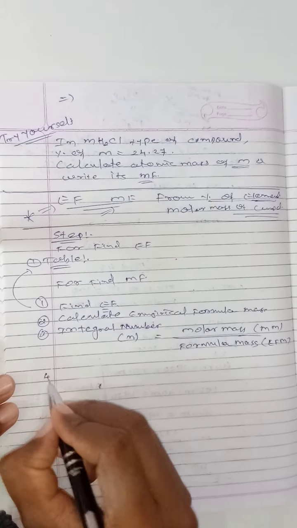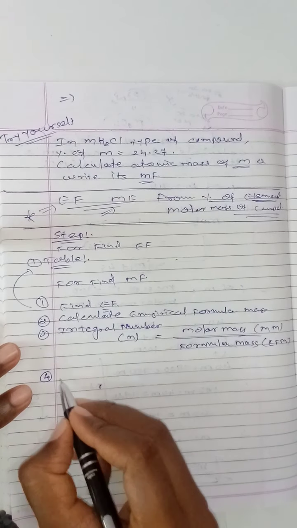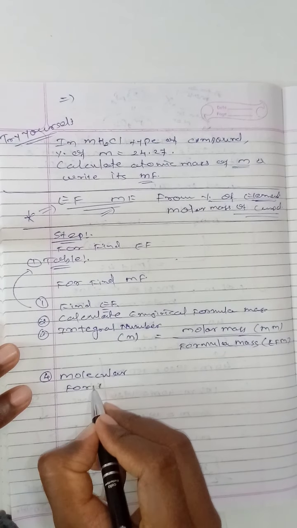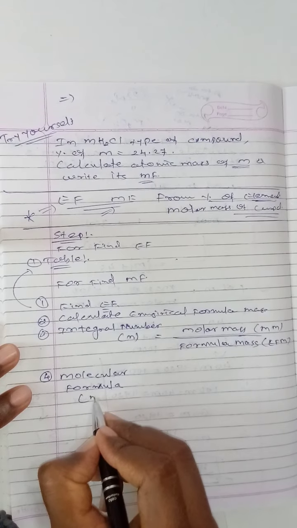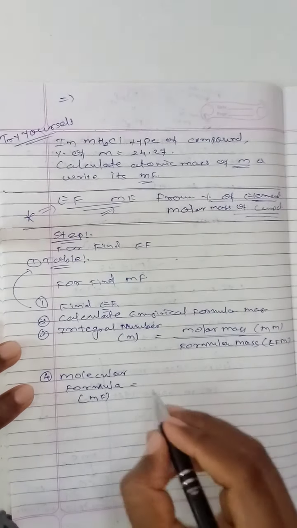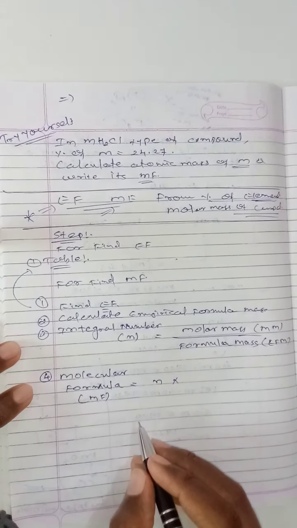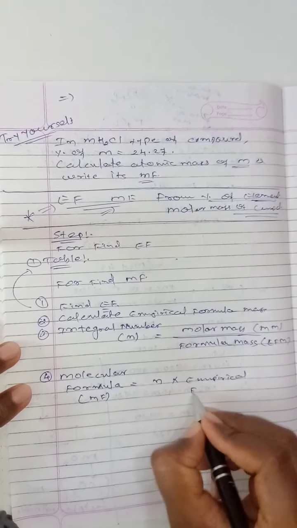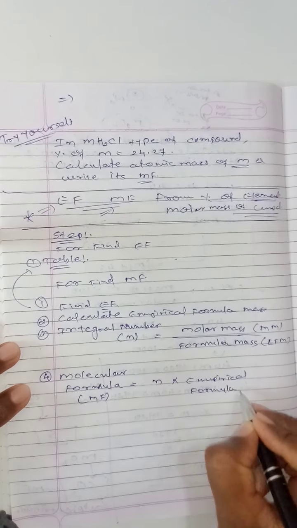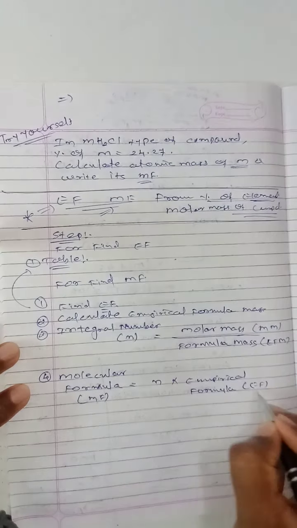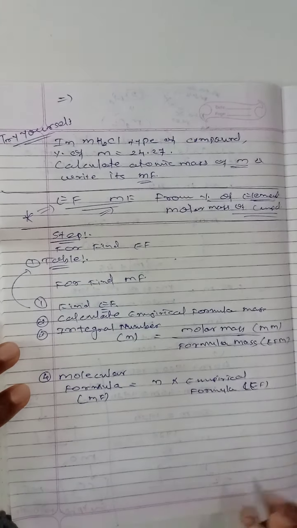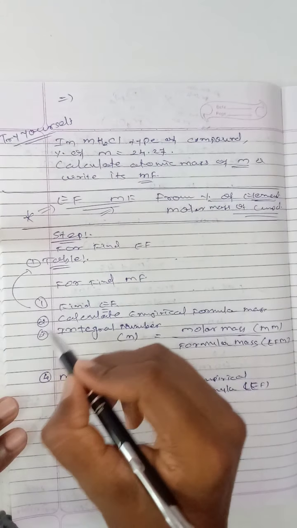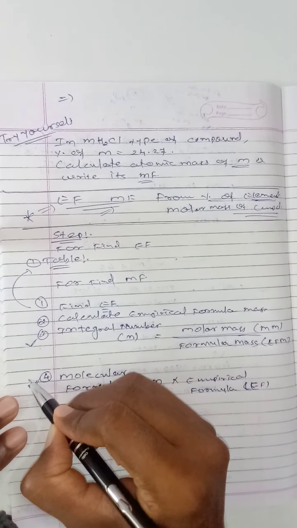Then step number 4, for the molecular formula: MF equals integral number multiplied by empirical formula EF. In short, we can write this as n times EF. So these two formulas are very important.